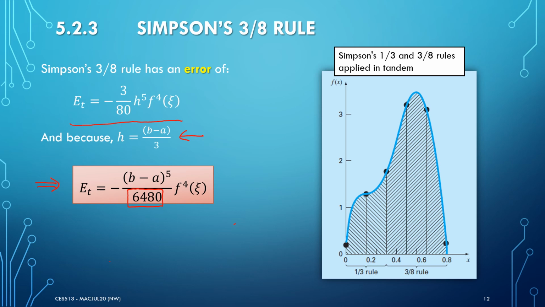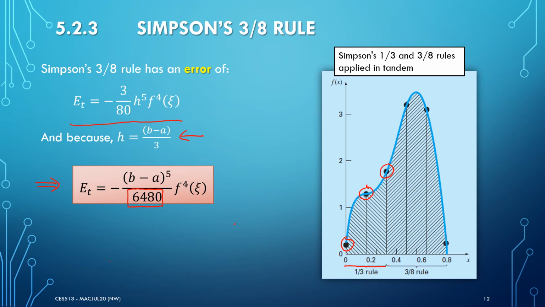Usually Simpson's one-third rule is the method of preference because it attains third order accuracy with 3 points, rather than the 4 points required for the 3/8 rule.